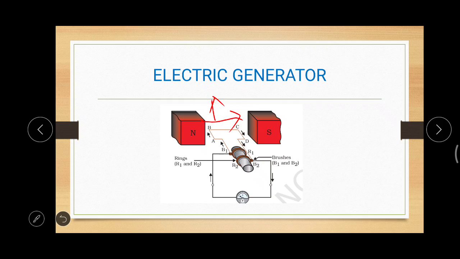Your thumb will represent the direction of the force or the direction of the motion. Here the direction of the motion is upward, and your index finger represents the direction of the magnetic field.